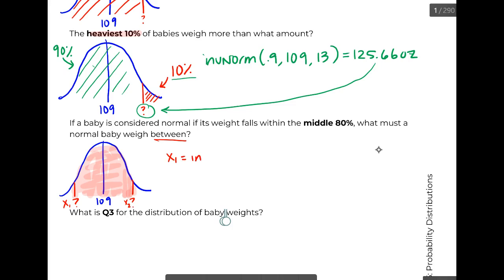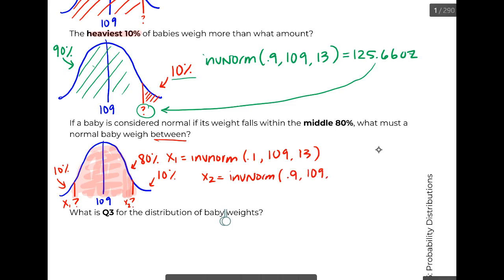x1 will be inverse norm. If 80% is in the middle, that means you have 20% left over, or 10% on either side. So the first one will be inverse norm of 0.1, still with our mean and standard deviation. The second one will be inverse norm of 0.9, still with that mean and standard deviation.